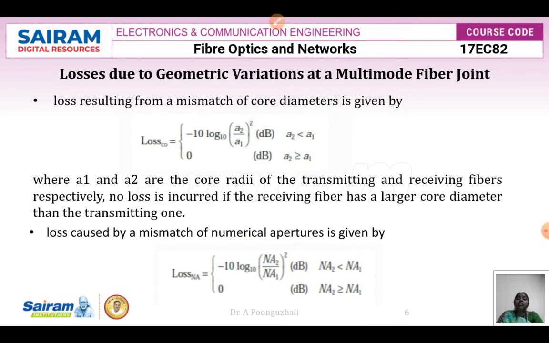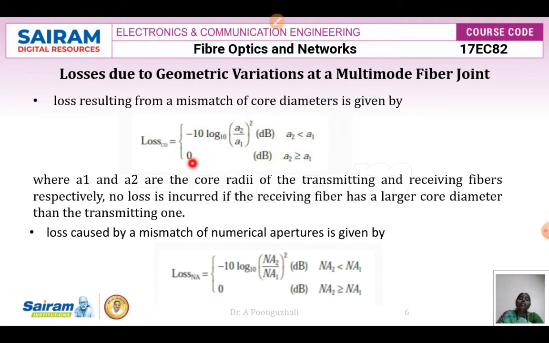So next are the losses that are going to occur due to the geometric variations of your optical multimode fiber joint. First, the loss that is going to result from the mismatch of your core diameters. The loss of CD, where CD is your core diameter, can be given as minus 10 log to the base 10 (A2 by A1) the whole square in decibels when A2 is less than A1.